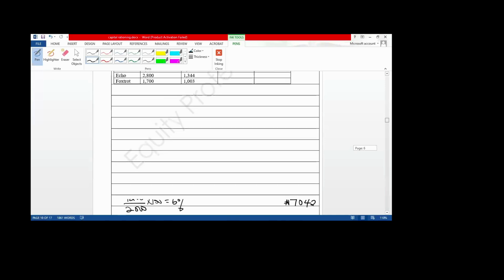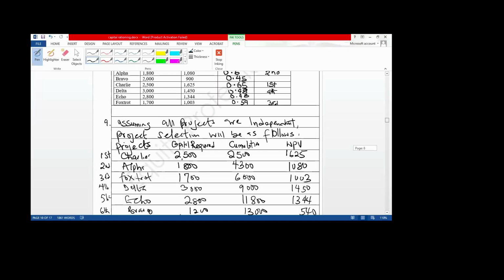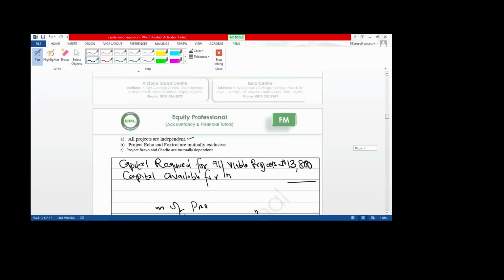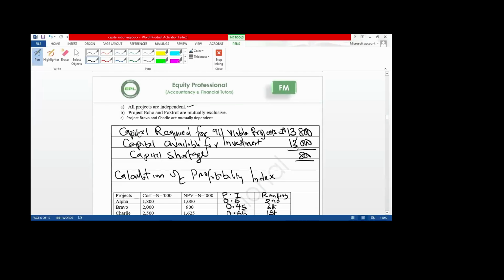We still have the third scenario. Projects Bravo and Charlie are mutually dependent. We shall stop here. That means we are going to take a class next week again, although I wish that we didn't have to waste that time.